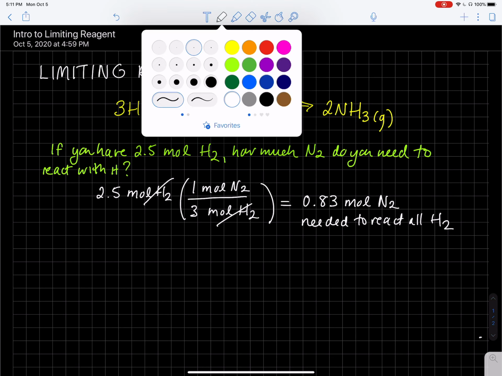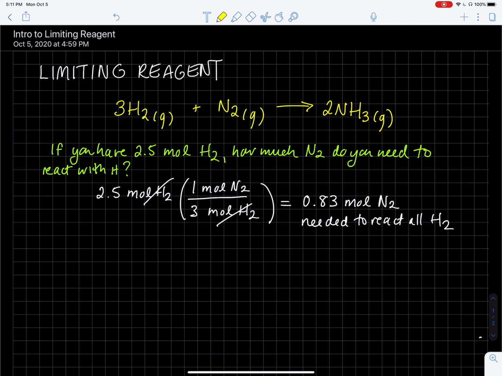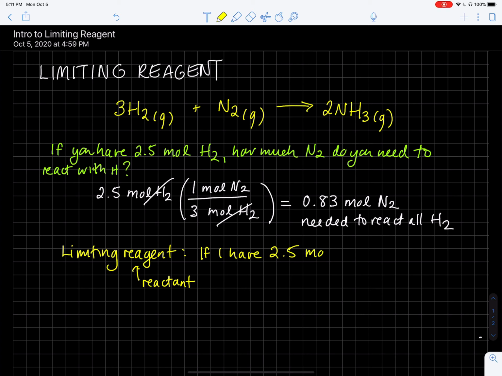So limiting reagent is a question like this. First of all, a reagent is, I use it interchangeably with reactant. It's a limiting reactant problem as well. A limiting reagent problem would be something like this: if I have 2.5 mole of H2, just like I said above, and I have 1.3 mole of N2, what happens?